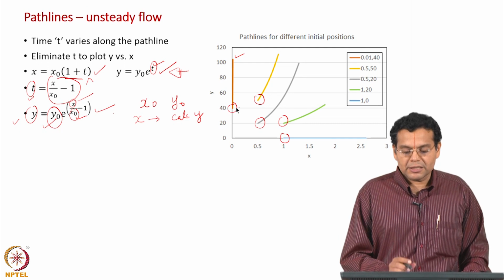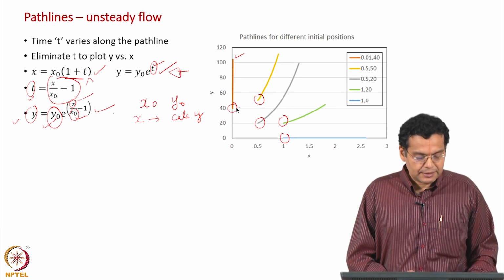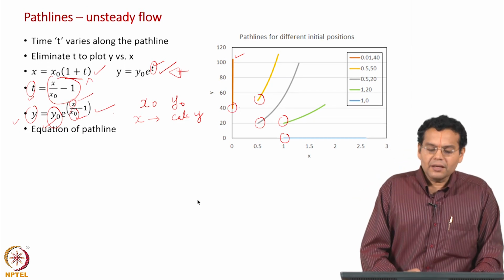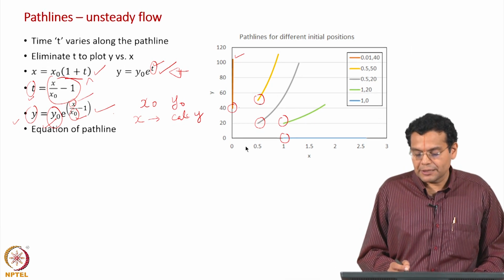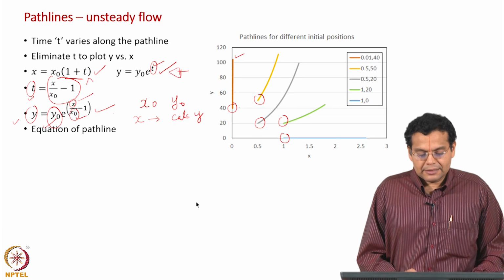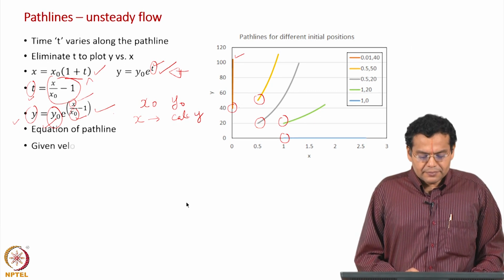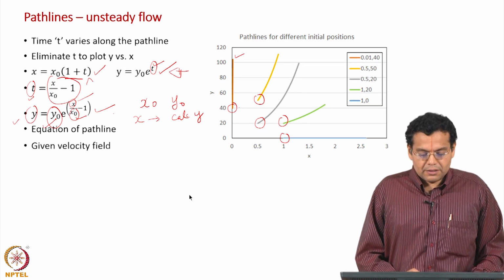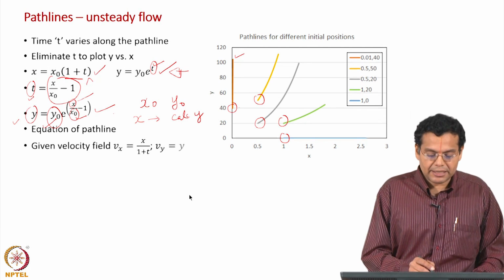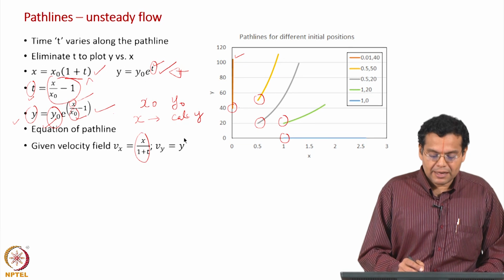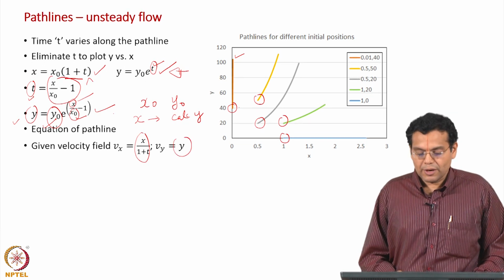In this particular case, if you see in this region, which means we are closer to the y axis, the given velocity field is Vx equal to x by 1 plus t and Vy equal to y.